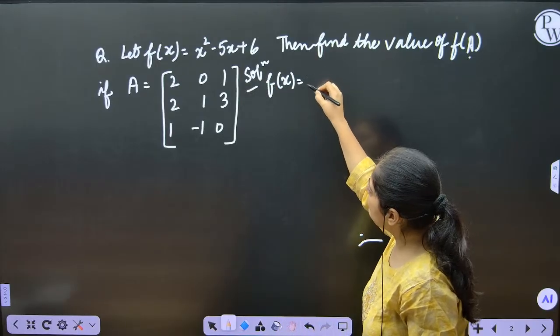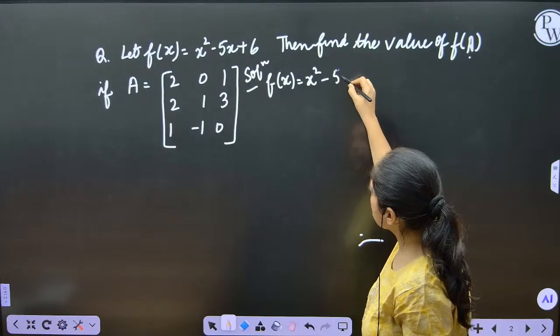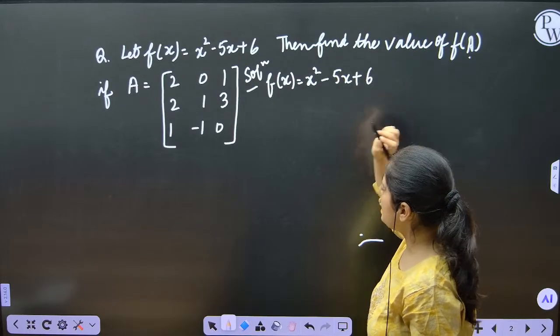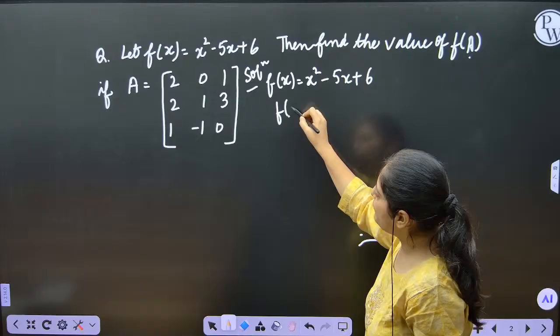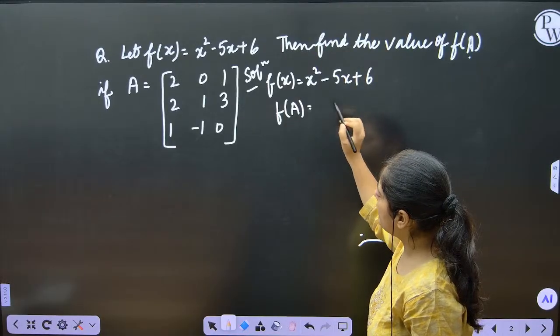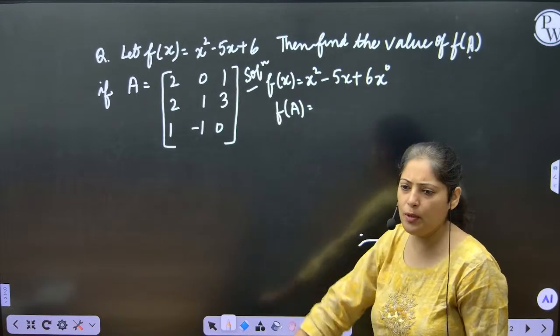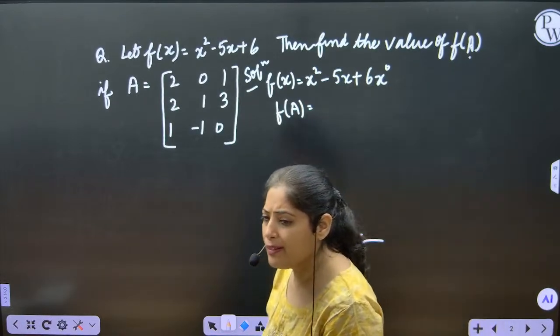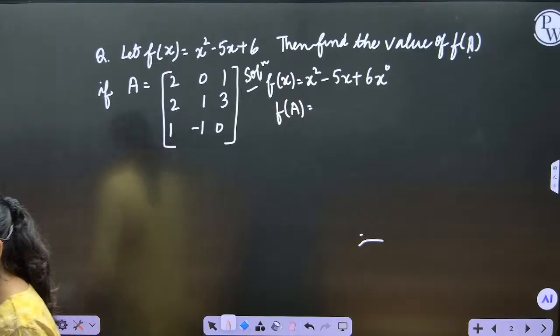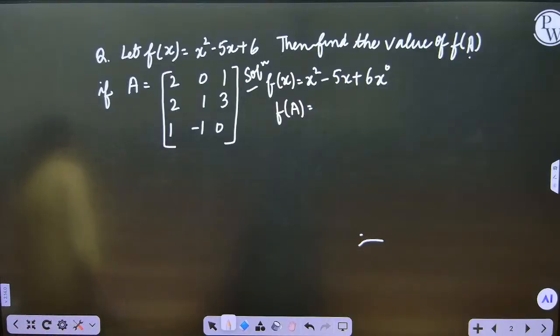F of x is given to us as x square minus 5x plus 6. So f of A is nothing but, or can I write this as x raised to power 0, because x raised to power 0 is nothing but 1 only. All right.